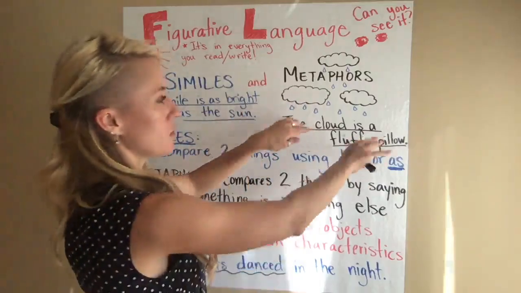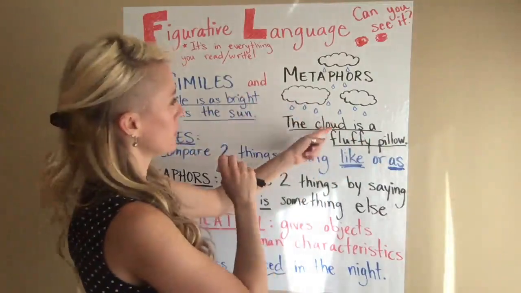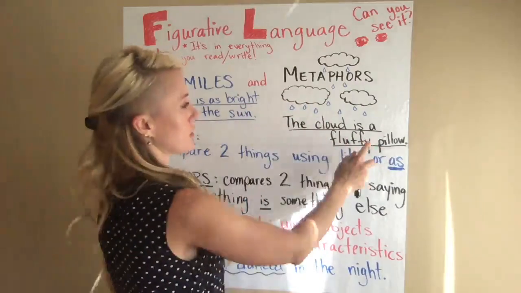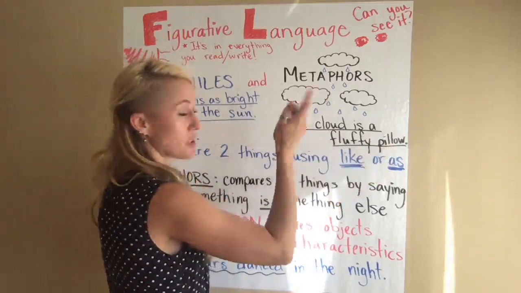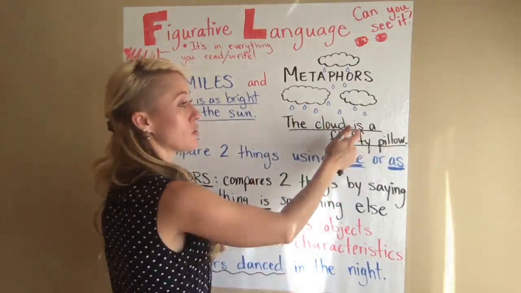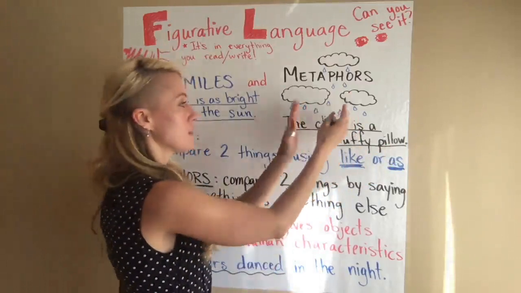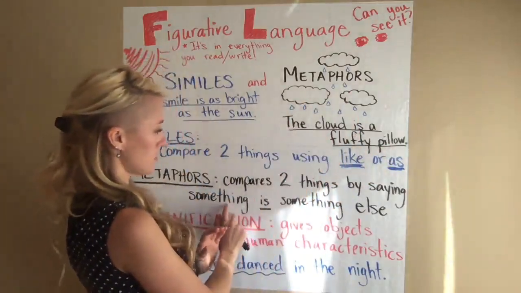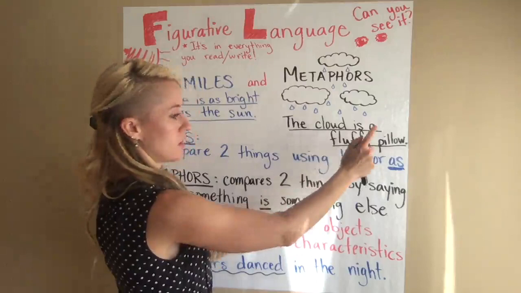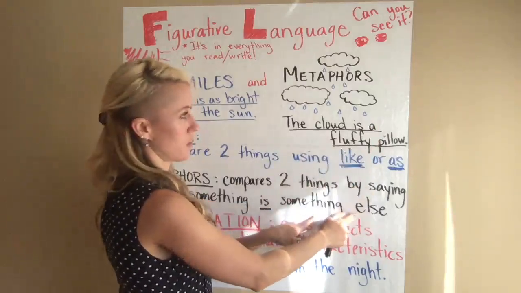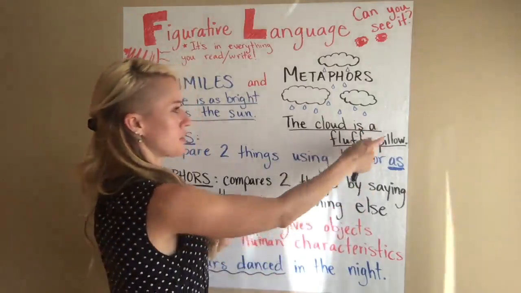They're comparing two things. What are they comparing? Comparing cloud and pillow. But they don't use the word like or as. They just use the verb is to say this thing is something else. Okay? The cloud is a fluffy pillow.